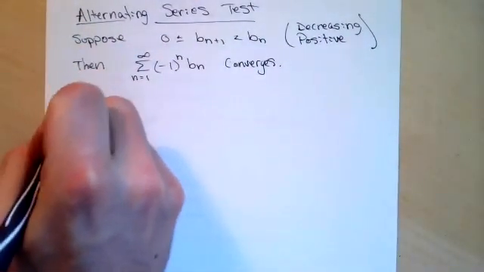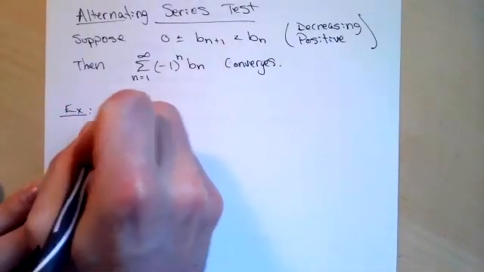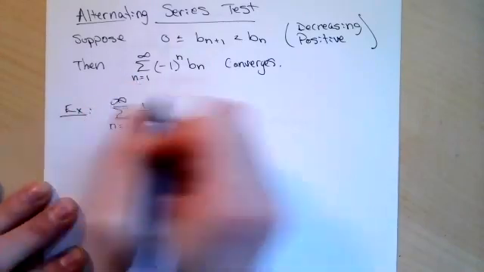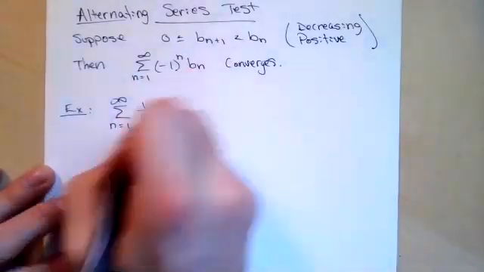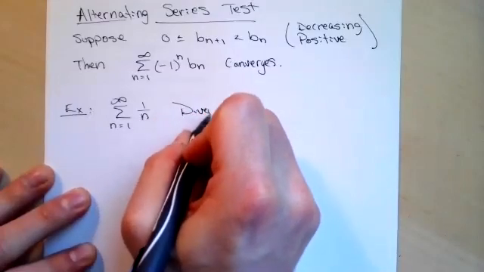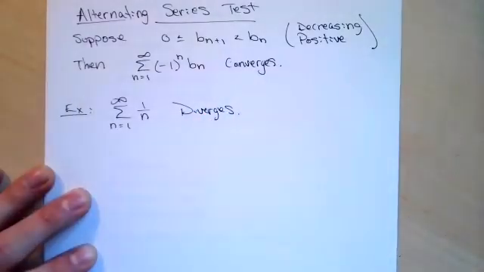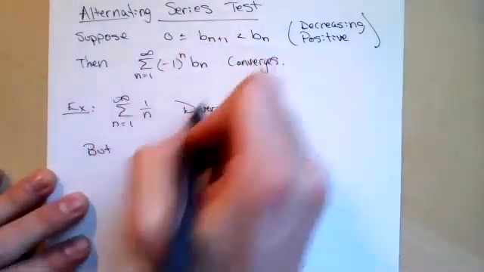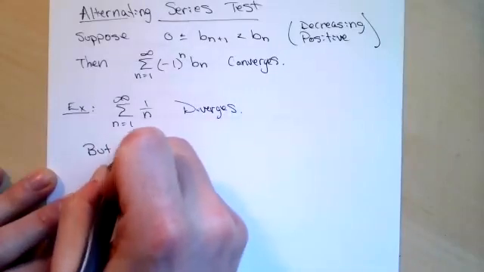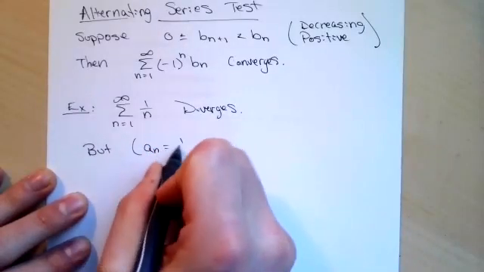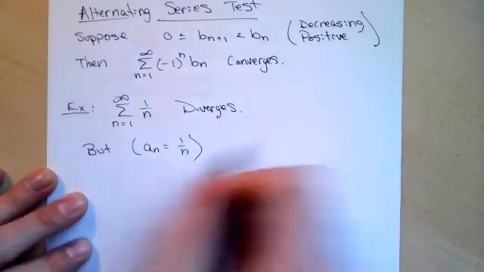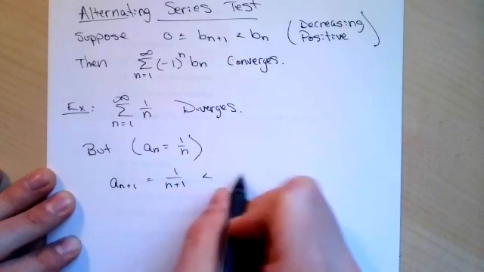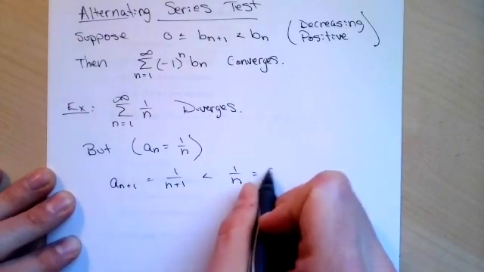So, example. This series diverges. We've shown that the harmonic series doesn't converge, but if we call our sequence a_n, then of course a_{n+1} is going to be less than a_n.